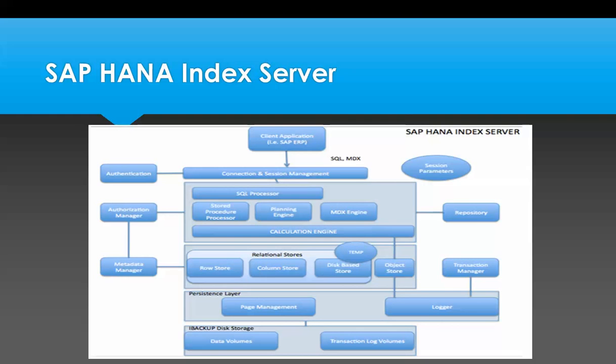We have this metadata manager, which helps to access the metadata. SAP HANA database metadata consists of a variety of objects, for example, definitions of tables, views, indexes, or SQL Script function definitions, and object store metadata. All these types of metadata are stored in one common catalog for all the SAP HANA database stores.